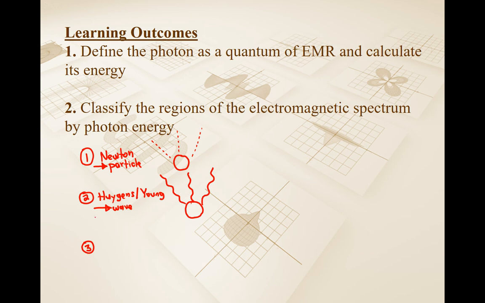And then we have James Clerk Maxwell, who tells us that it's the wave model of light, but it's not just a regular transverse wave. It is, in fact, an electromagnetic wave.